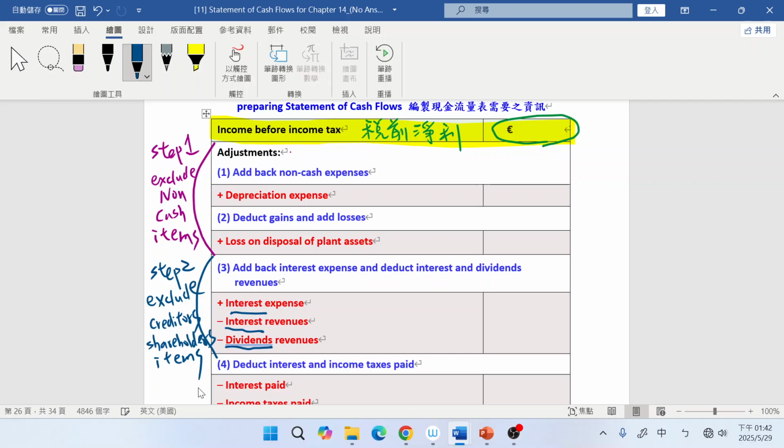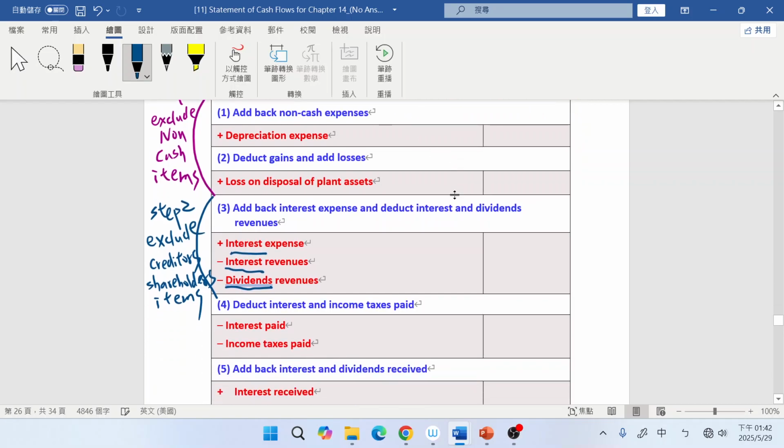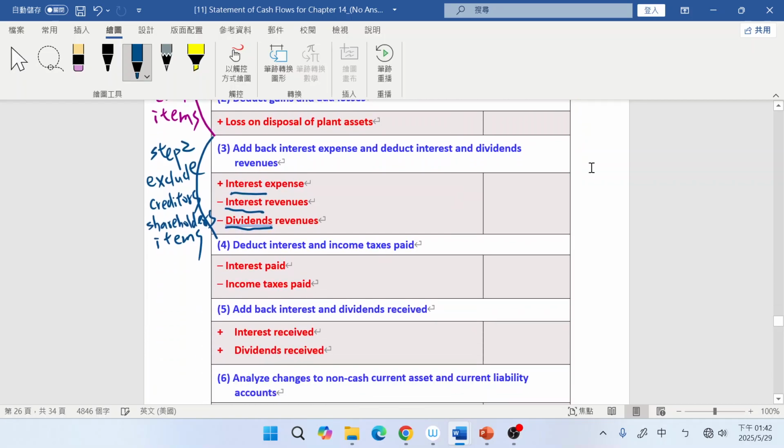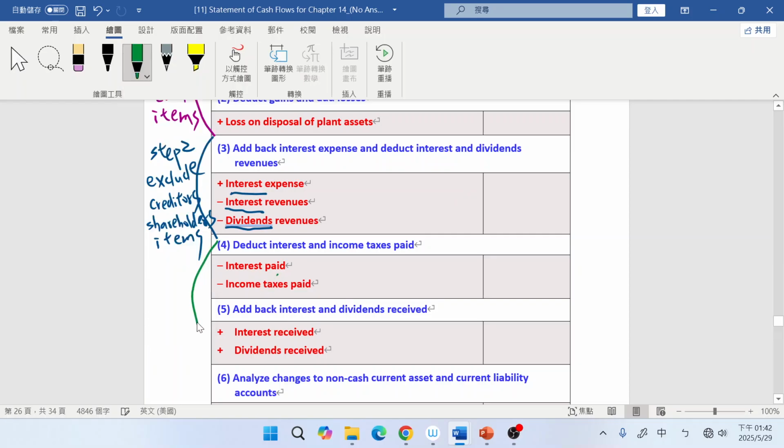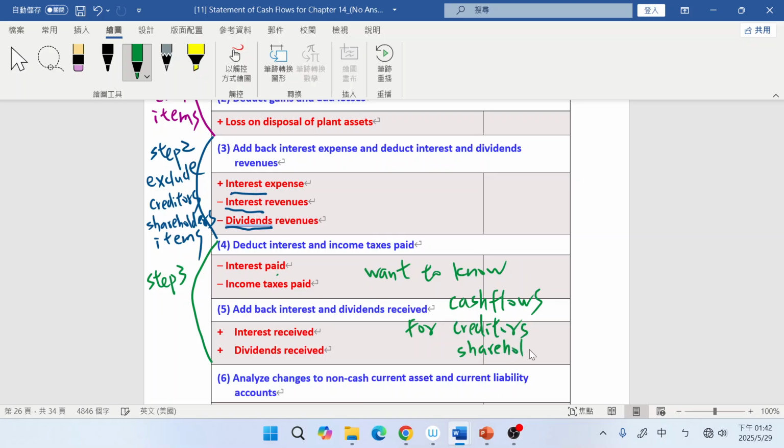Okay? So exclude in step 2 because we want to know the information from step 3, right? So what is step 3? We want to know the information, cash flows for creditors, shareholders, and governments.